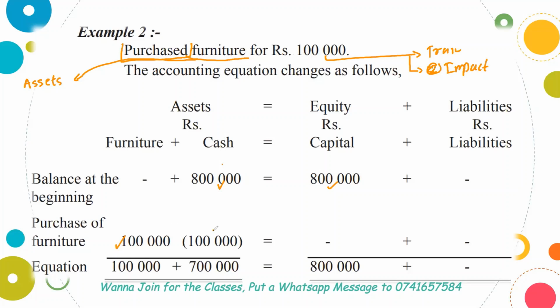That means they did not think of the next impact. Whenever you think of one impact, you must think about what the next one should be, right? So our furniture asset will definitely increase, and purchased means we have to spend our money, so we have to reduce it from our cash, right? So the accounting equation is also balanced here.